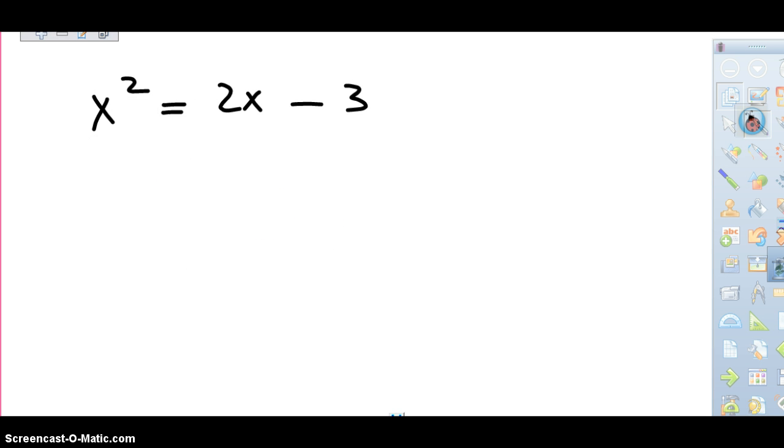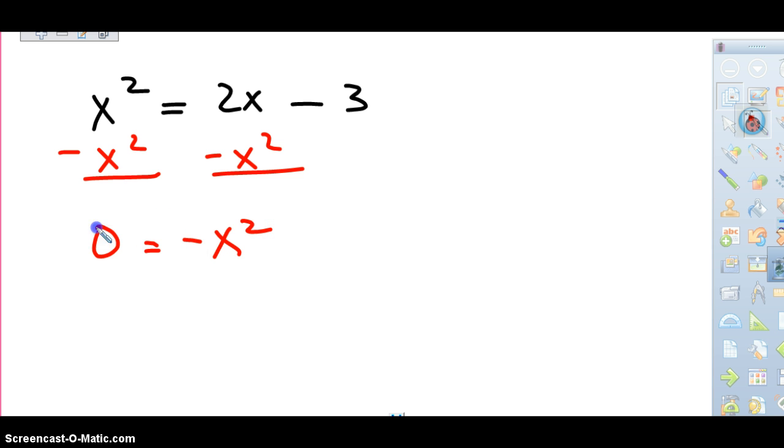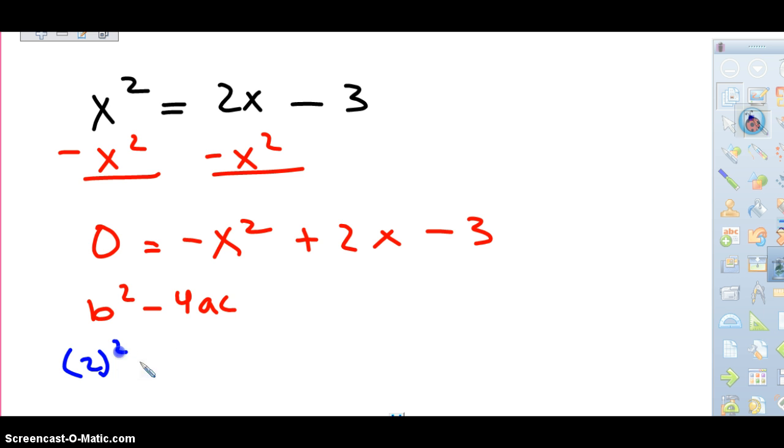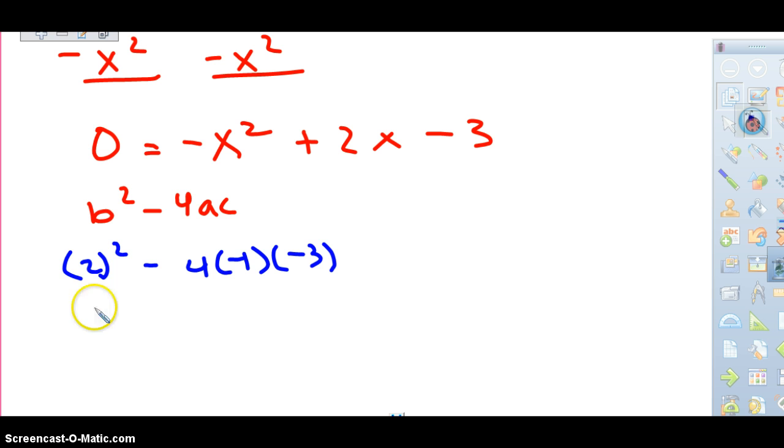You need to find how many solutions in x squared equals 2x minus 3. Take x squared to the other side. You have to write it in standard form. Negative x squared plus 2x minus 3. The discriminant, b squared minus 4ac, we would say 2 squared minus 4 times negative 1 times negative 3. 4 minus 12 equals negative 8.